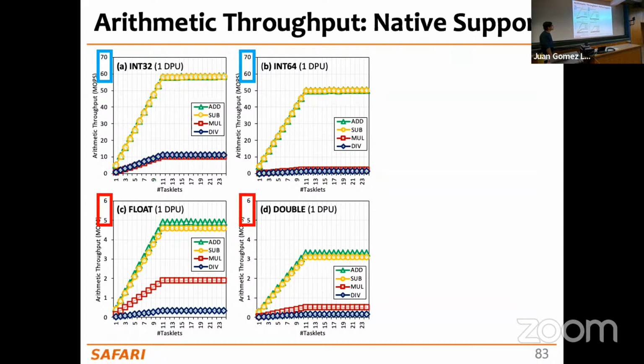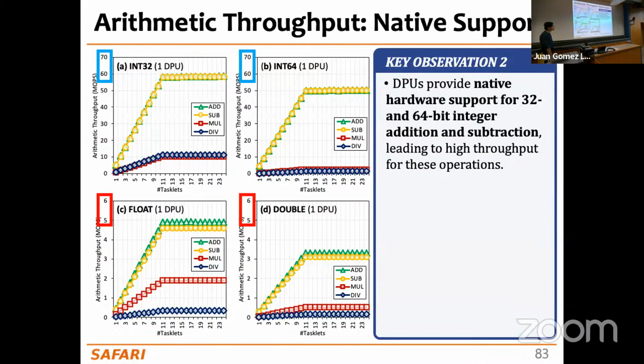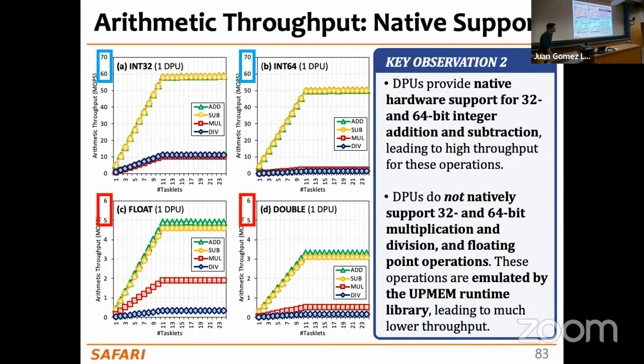And it's even worse if you compare integers with floating point. Why is that? Because the architecture supports only integers natively. There are no floating point computation units. So the execution of floating point operations, same as the multiplication and the division, is emulated by the runtime library.